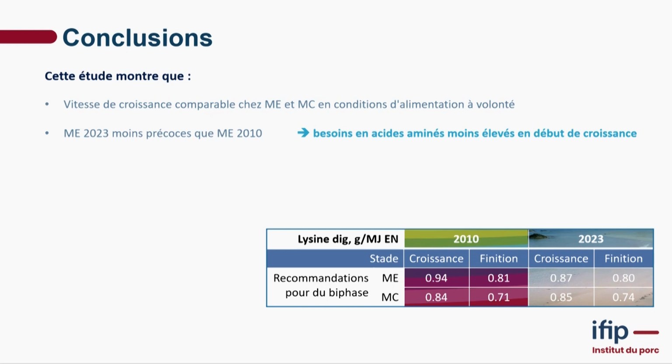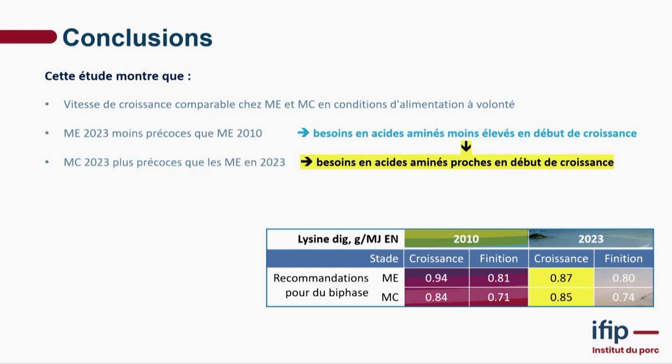If you look at the recommendations made on the basis of the data acquired in 2010 and where they are nowadays, one sees that indeed the amino acid requirements are not as high in entire males as they were 12 years ago.